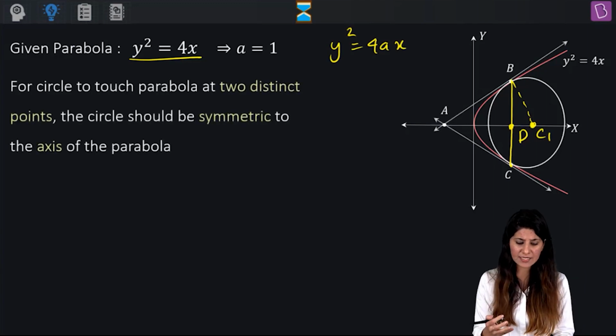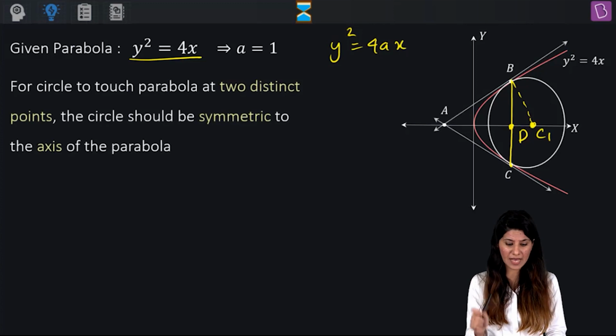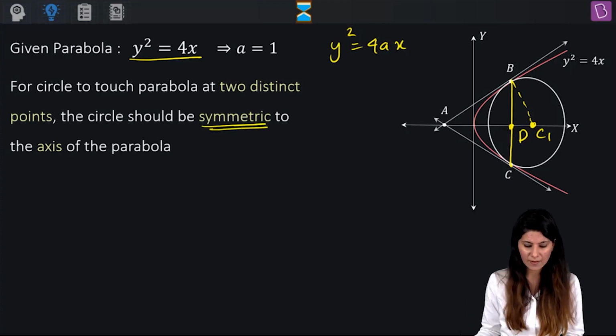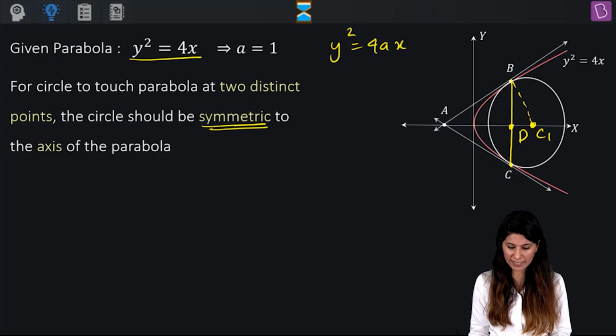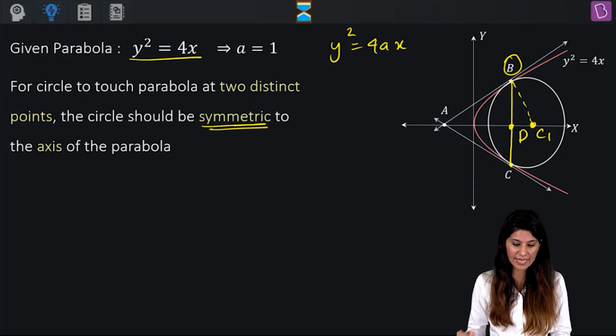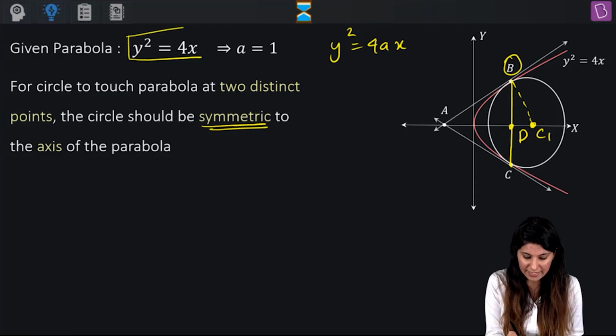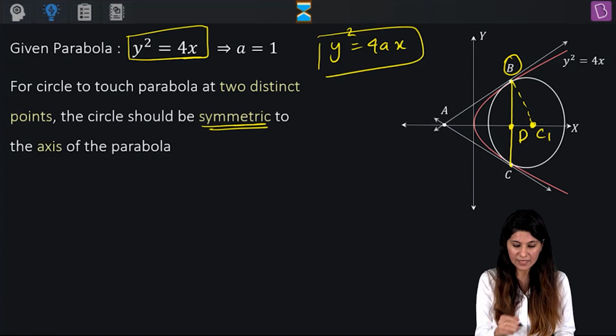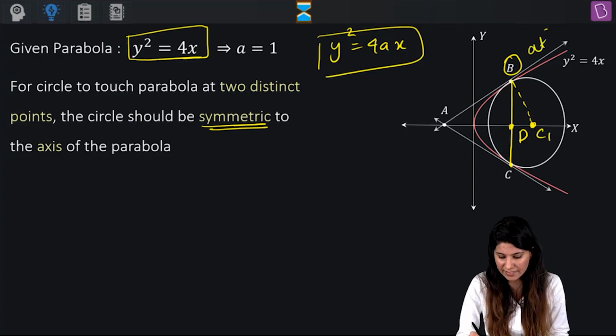And we've already discussed that for a circle to touch a parabola at two distinct points, the circle should be symmetric about the axis of the parabola. So if I take point B, any point on this parabola can be taken as (at square, 2at). Here a being 1, so B would be (t square, 2t).